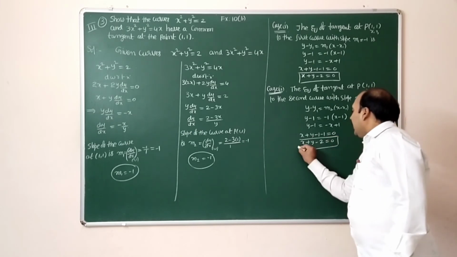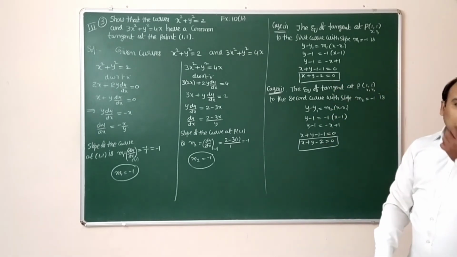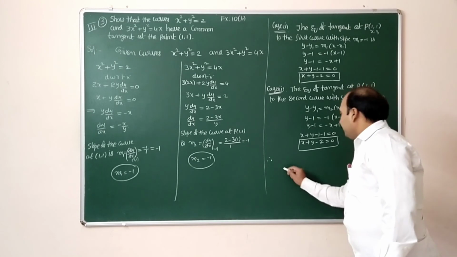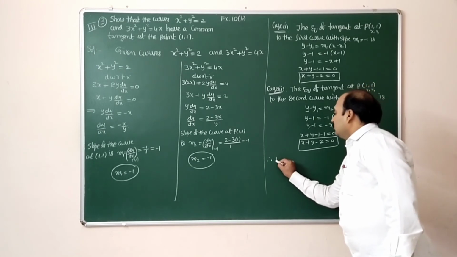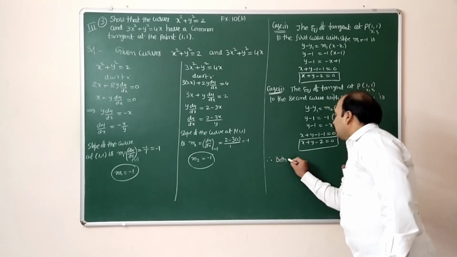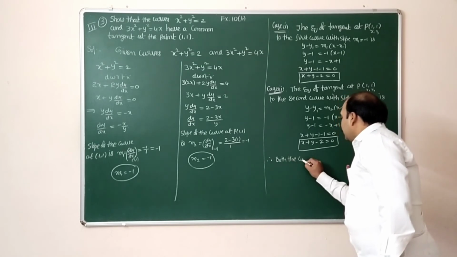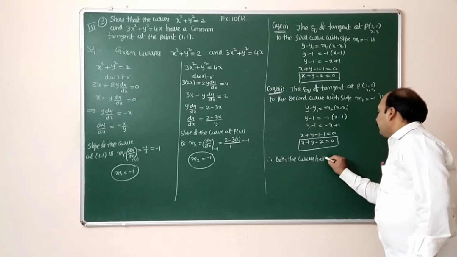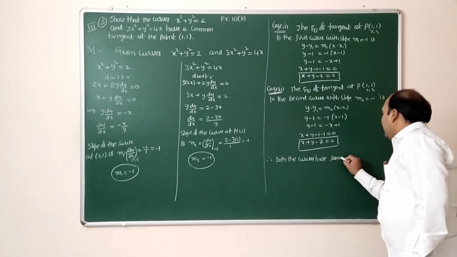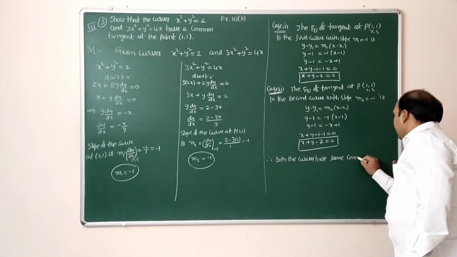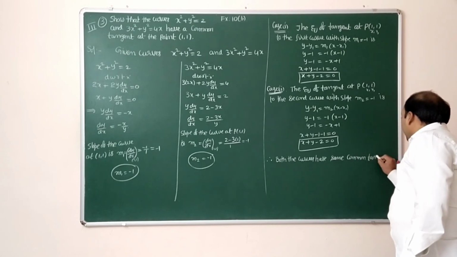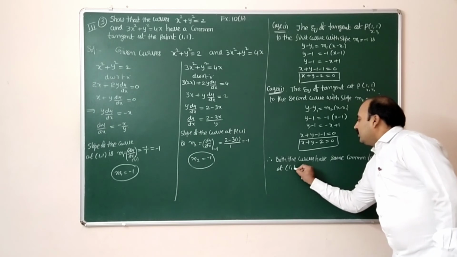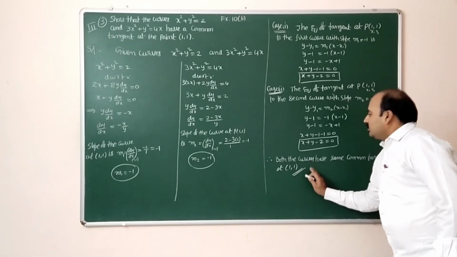By observing both the tangent equations are same, therefore we conclude that both the curves have same common tangent at P of 1 comma 1, hence proved.